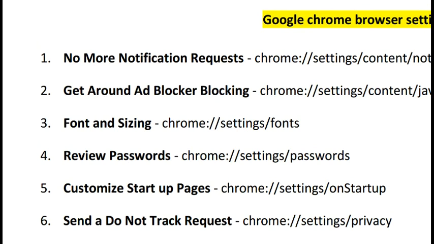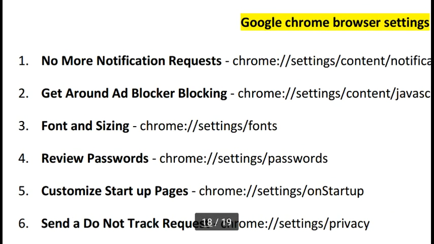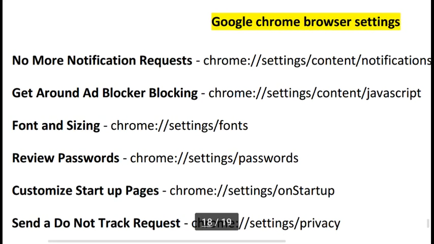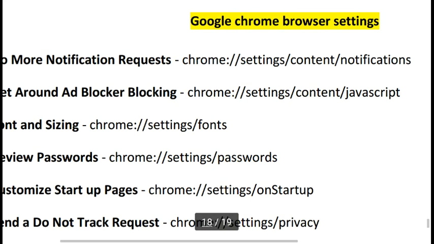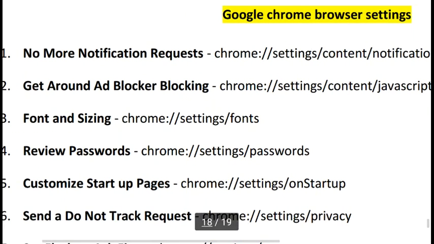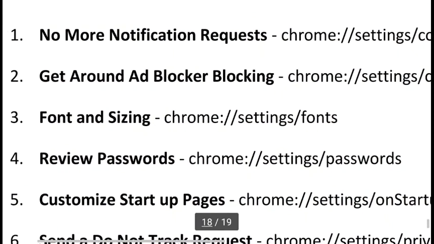Suppose you want to control the notification requests: first you open Google Chrome, then move to the settings, then you can see the content option, then notification, and there you can control notification requests and ad blocking.